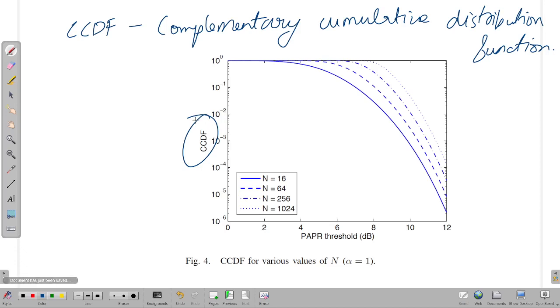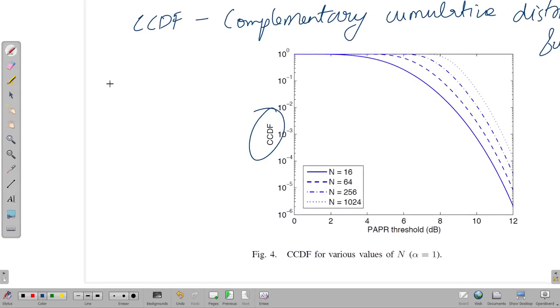This CCDF is a very useful parameter in characterizing the amount of PAPR.